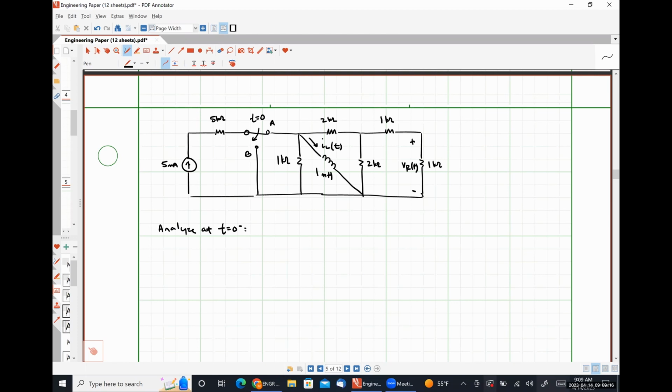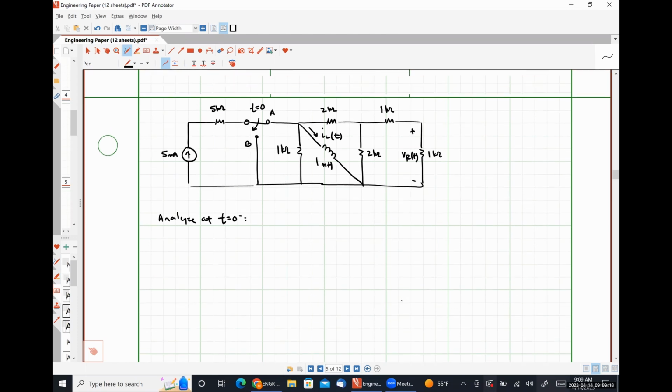Minus. So at t is equal to 0 minus, our circuit looks something like this.